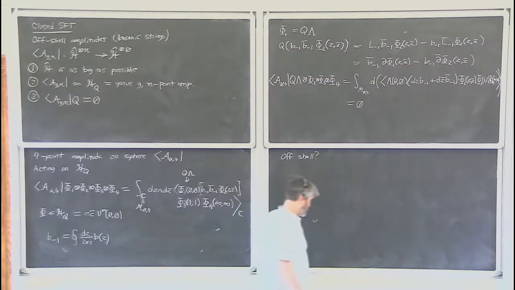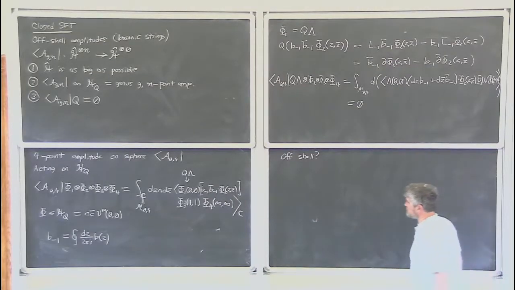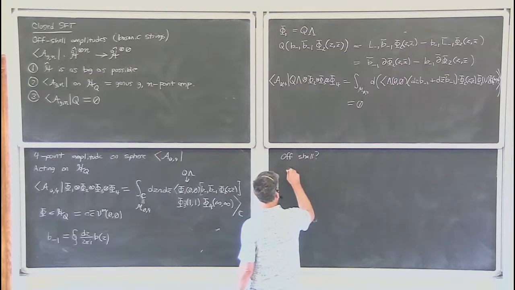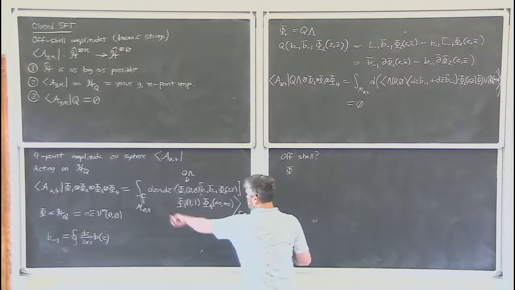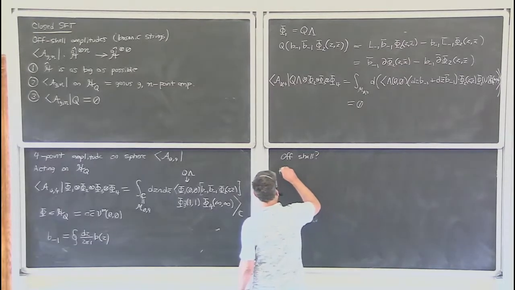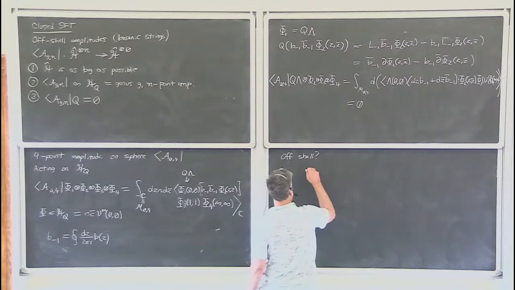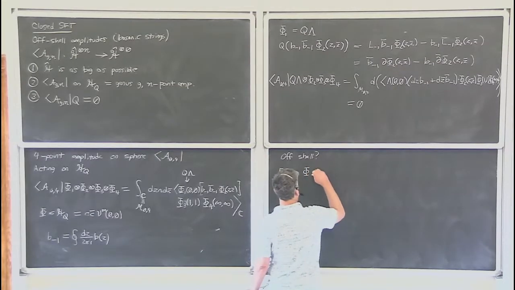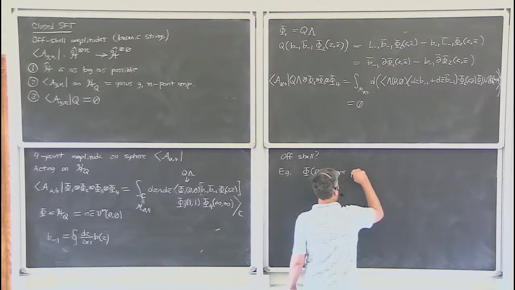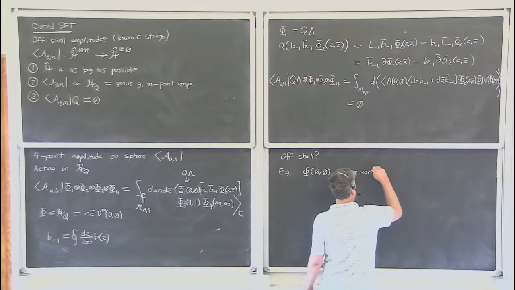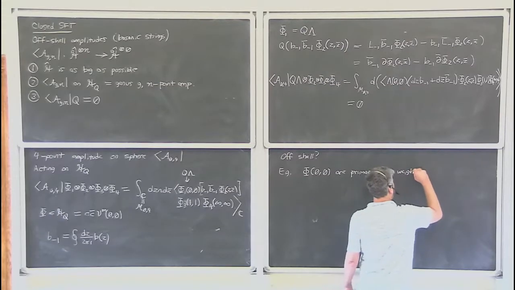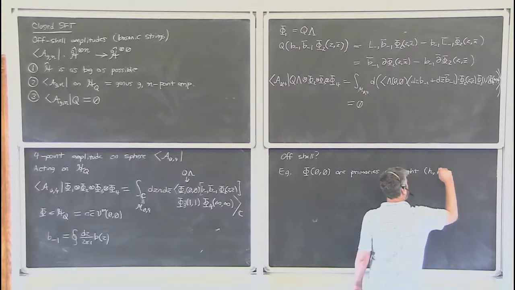So, for example, we can say that we take the phi's out of this vector space HQ. So, for example, let's assume that these vertex operators are primaries of weight h bar.